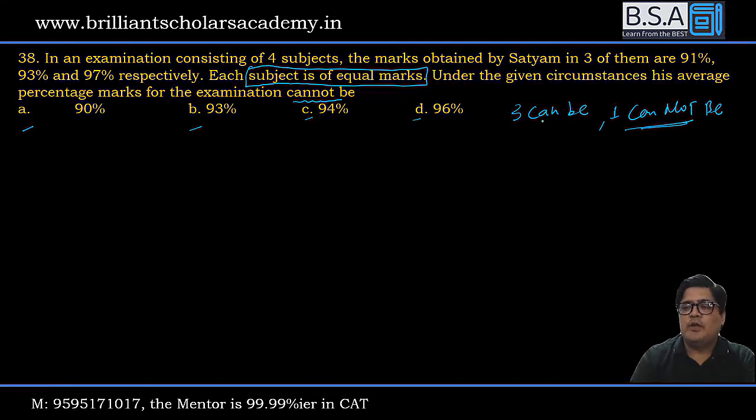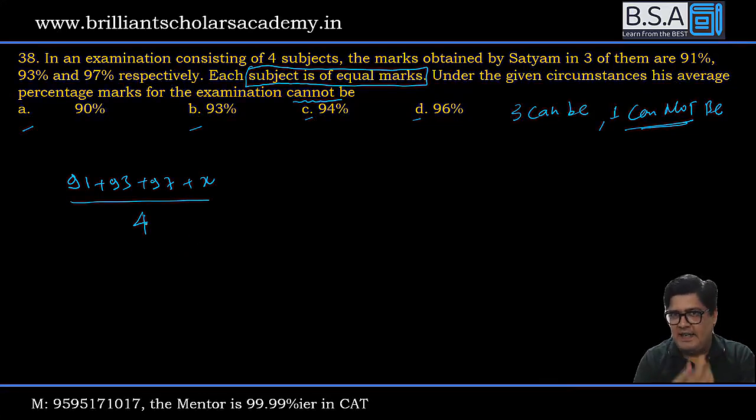So it is a question based upon finding the range. As we have talked about, when subject marks are equal, the overall percentage is the average. So I can say 91 marks, 93 marks, 97 marks, plus the missing value is x, divided by 4.